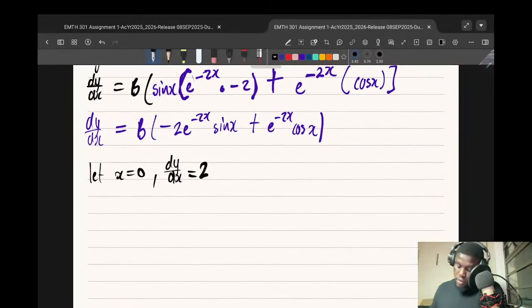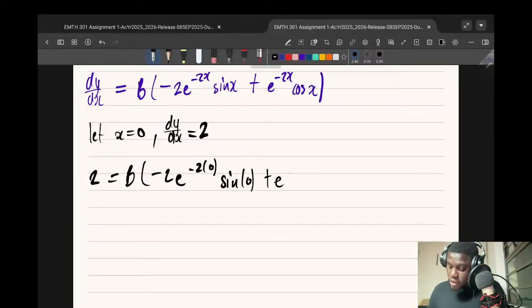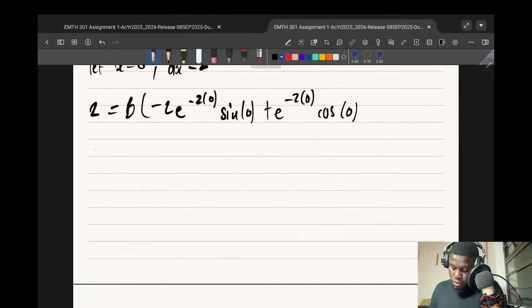So 2 is equal to b multiplying negative 2e to the negative 2 by 0 sine 0 plus e to the negative 2 by 0 cos 0. What would you have now? 2 is equal to b multiplying negative 2 by, here we have, anything by sine 0 will actually be 0, so this thing will become 0.